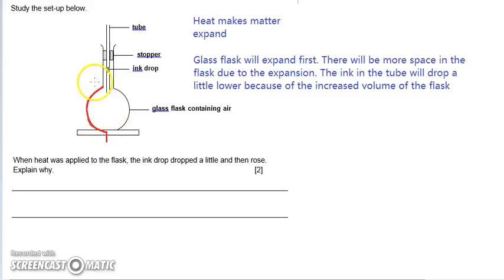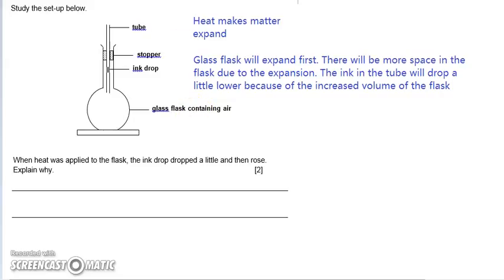When the glass flask cannot be heated up anymore, the heat will start to travel inwards into the flask, making the air warm. Once the air inside the glass flask is warm, it too will expand.